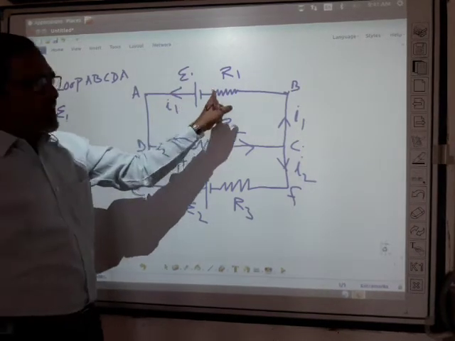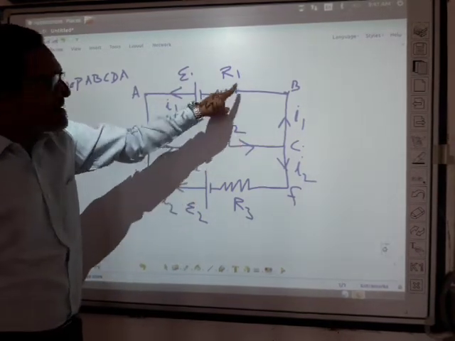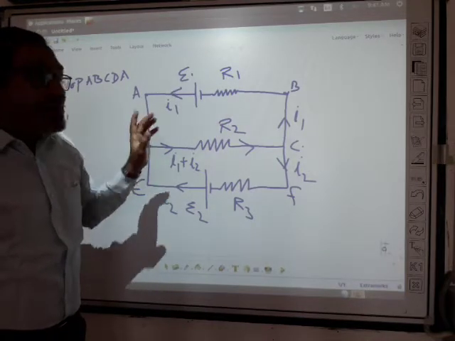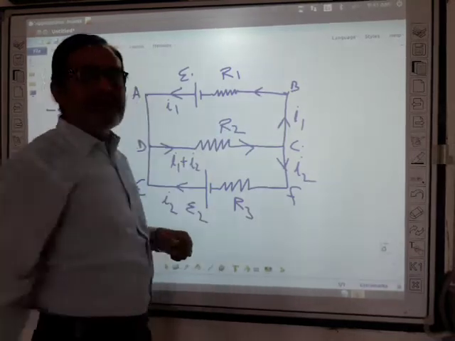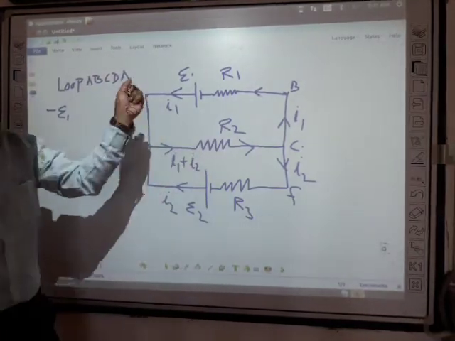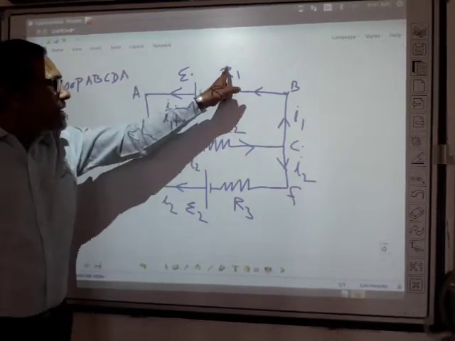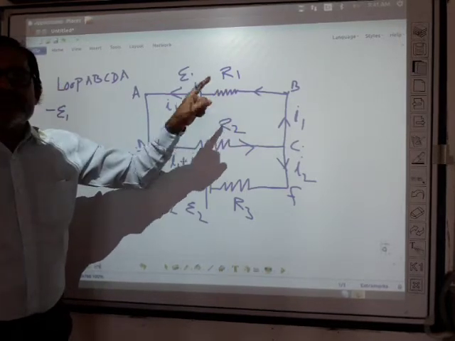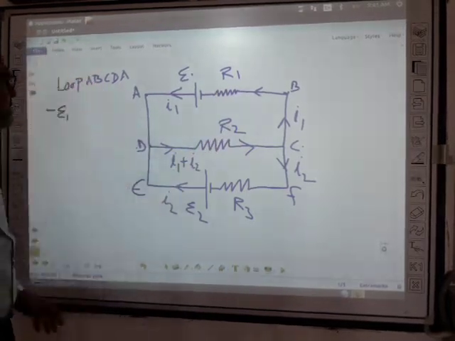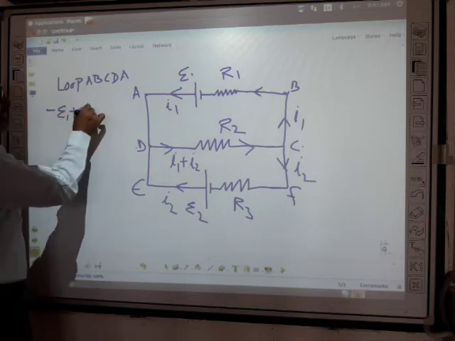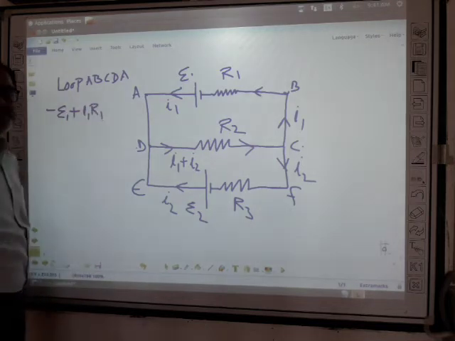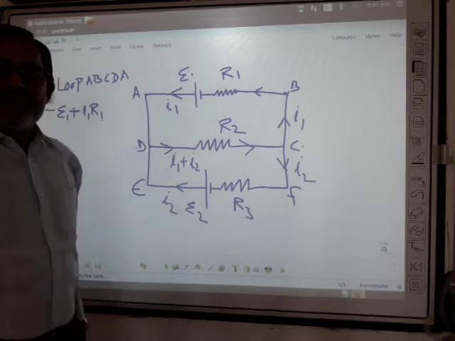Then we cross it and reach the resistance. The direction of current in the resistance is B to A, and we are moving from A to B. Then the product of current and resistance will be positive. So we retain plus I1 R1. Clear?